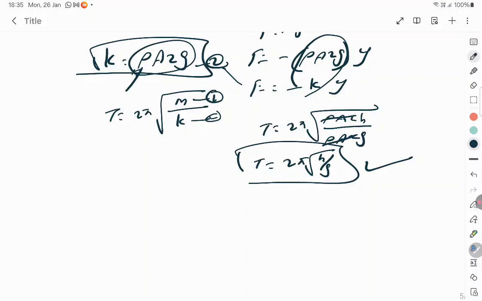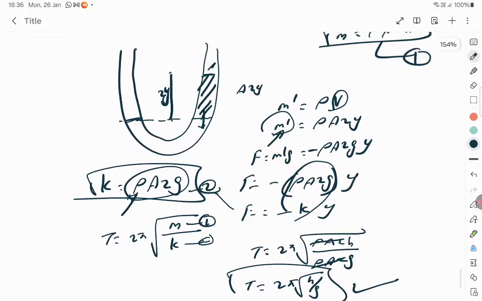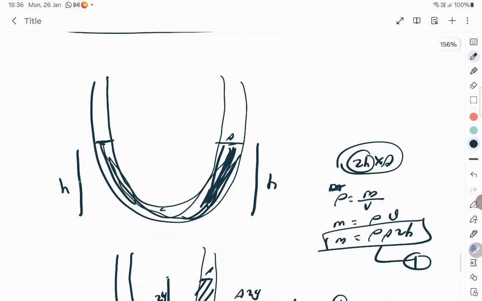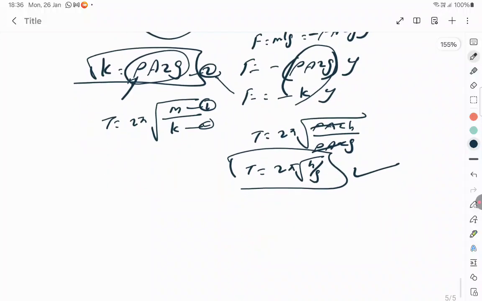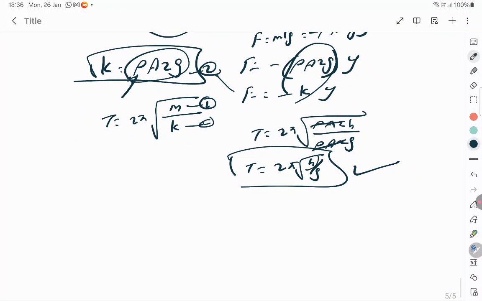If L is the length of the liquid column, so supposing, see, in this I have taken it as 2h, correct? The initial liquid column, 2h. Suppose they change that question and they say that the total length is L, which means 2h has to be replaced as L, correct? So wherever 2h is there, you can replace it as L, but you have only h.